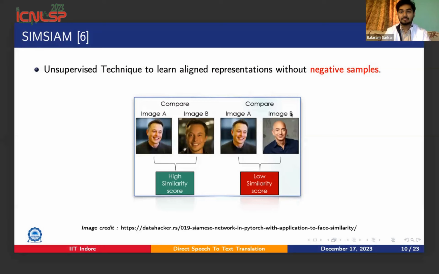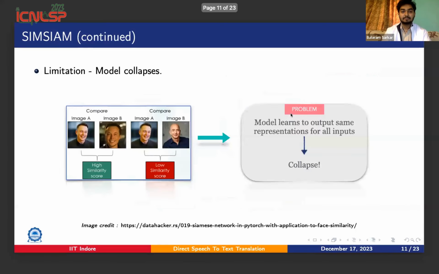With the development of neural networks, this gained huge popularity, because nowadays it is used for many different tasks, especially face similarity applications. Here we can see that two different pictures of the same person give a high similarity score, and different persons give a low similarity score. So this is about SimSiam.